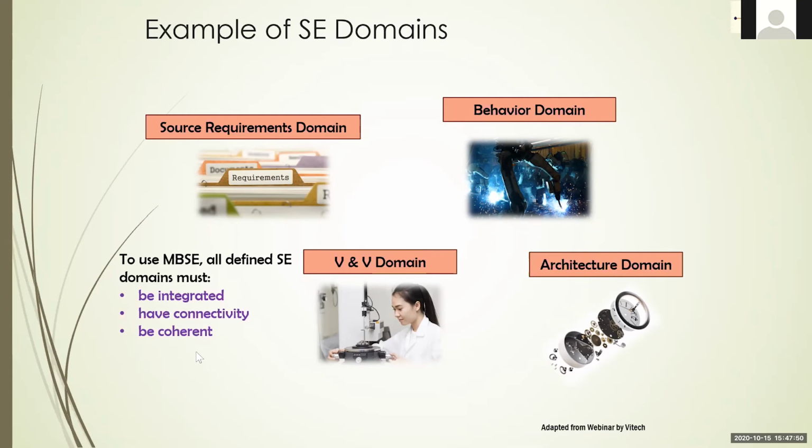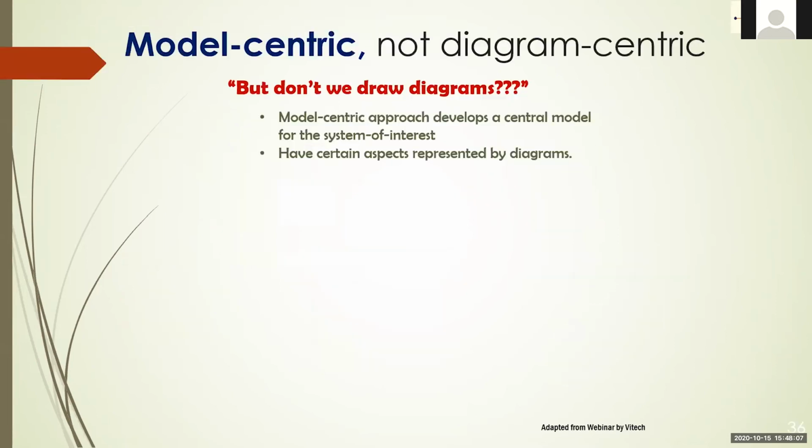So models have to be consistent within application domains and across application domains. And that's what really makes it very difficult to achieve model-based system engineering. So how do you integrate those models that are coming from different perspectives? Okay.